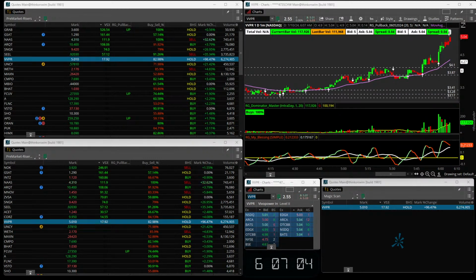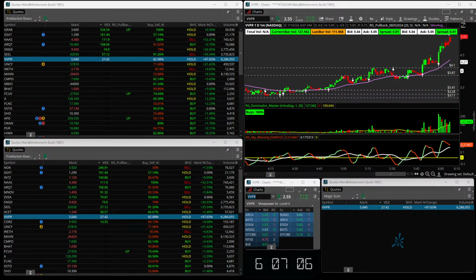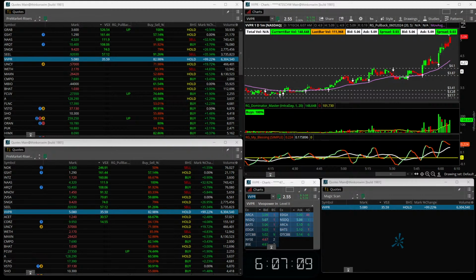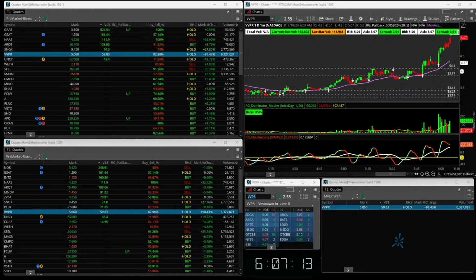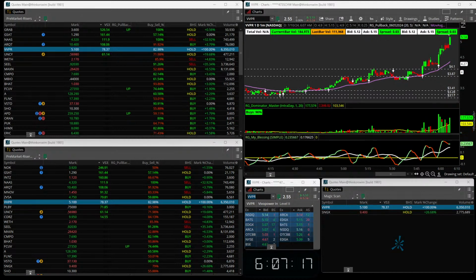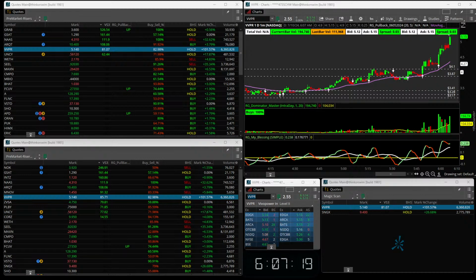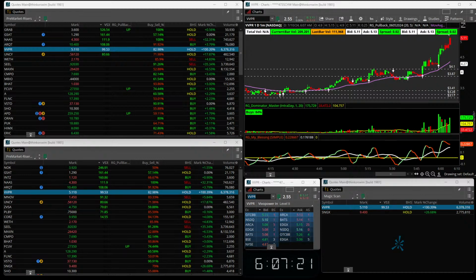Still going. I guess this is one of those stocks I'm going to have to say I wished I would have bought it. It's all right. We'll get another one this morning, I'm sure. Still going up slowly now, up to 512, 514, 515 for a high. Slowly pushing up.